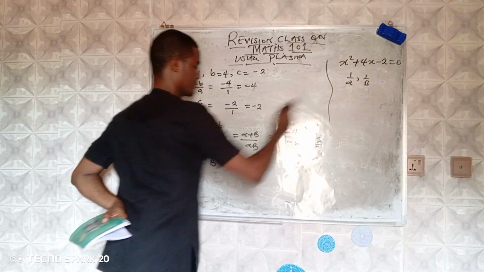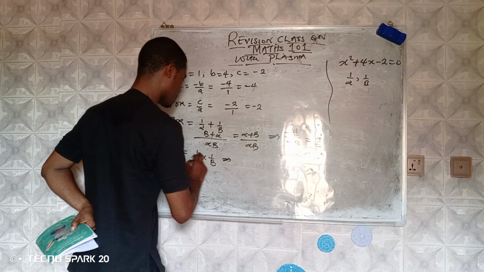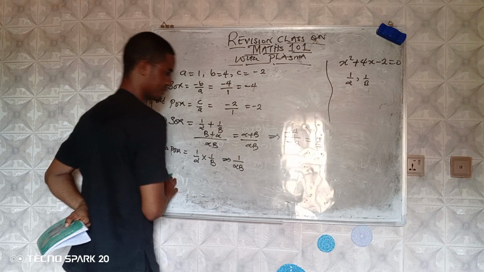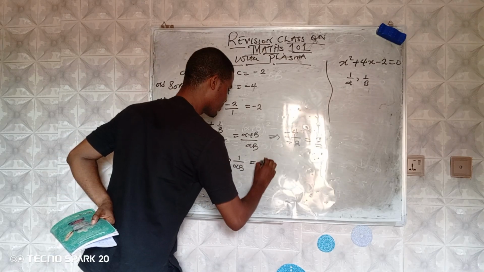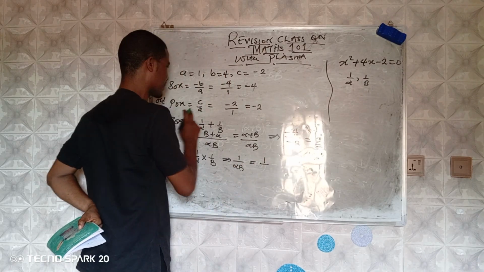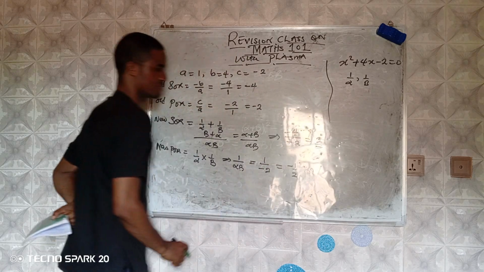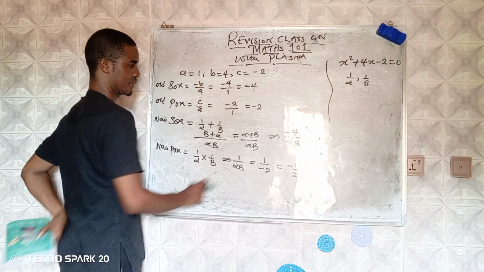I multiply: 1 times 1 is 1, alpha times beta is alpha beta. And this will produce 1 over alpha beta, the product, which is minus 2. This will give me minus 1 over 2. So I've got my POR now.